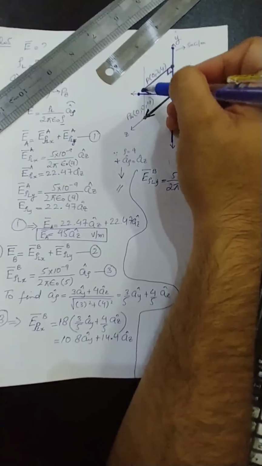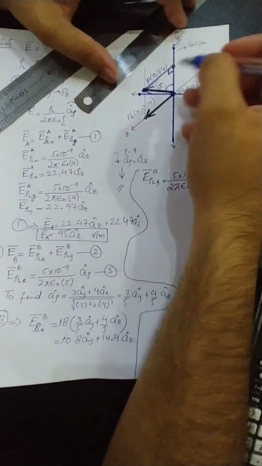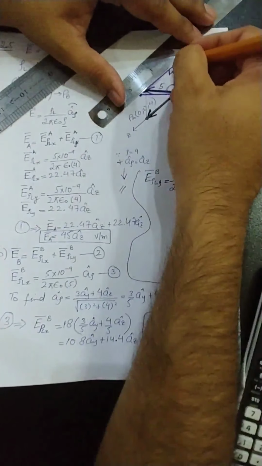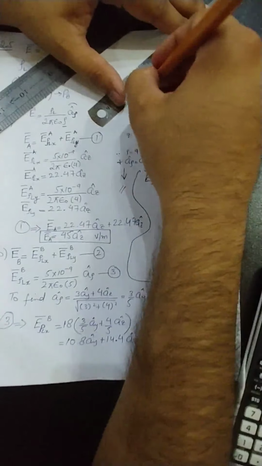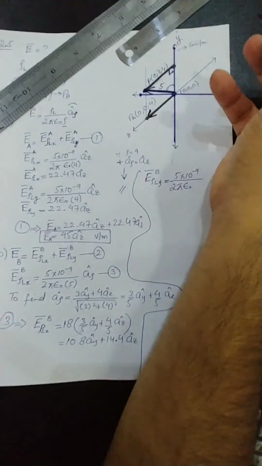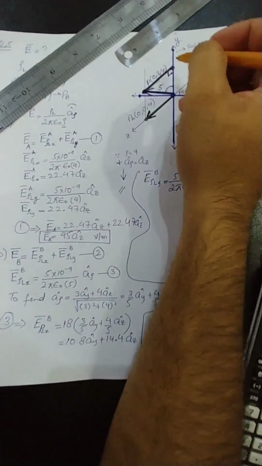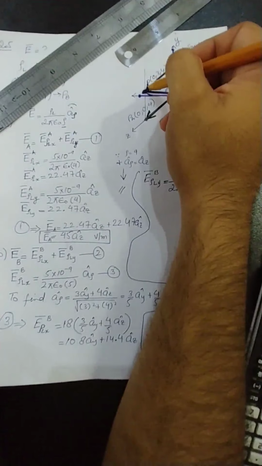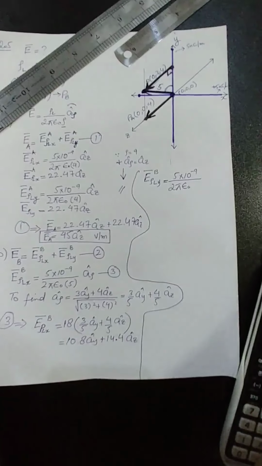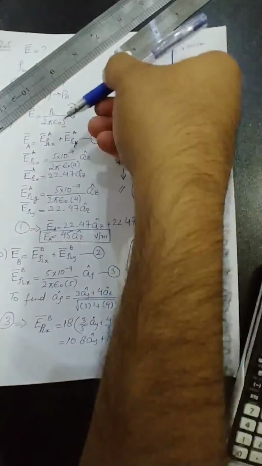So this length is what? This length is 4. To be consistent, let me draw this with a black marker so that you recognize that this was the perpendicular distance. Again the direction will be this, and this direction is along the z-axis.